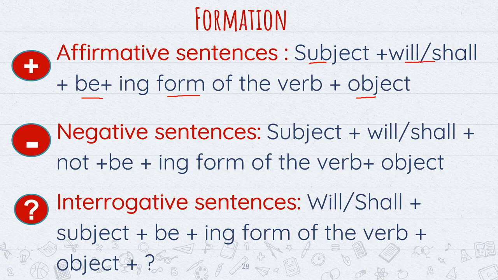For negative sentences, the formation is subject plus will or shall plus not plus be plus the ing form of verb, or V1 plus ing plus object. And for interrogative sentences, the formation is will or shall plus subject plus be plus the ing form of verb, or V1 plus ing plus object, and it will end with a question mark.